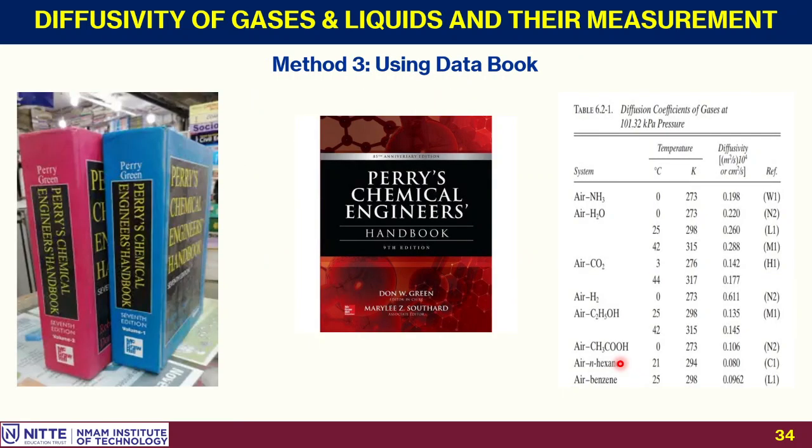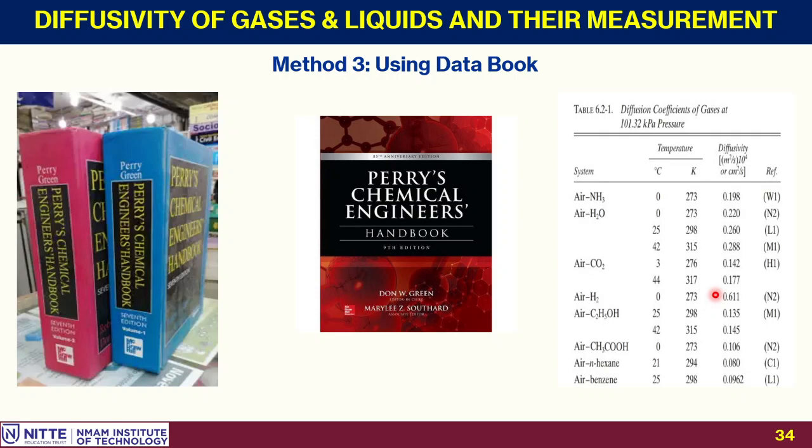The last method is making use of a data book like Perry's handbook. Perry's Chemical Engineers' Handbook has a lot of data available, as you see in the table here: diffusion coefficients for different gas molecules at different conditions of pressure and temperature, with fixed values. Here the point is the molecules are fixed. Specific molecules are used for which data is available.